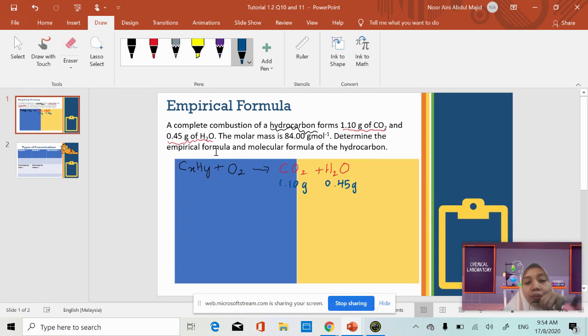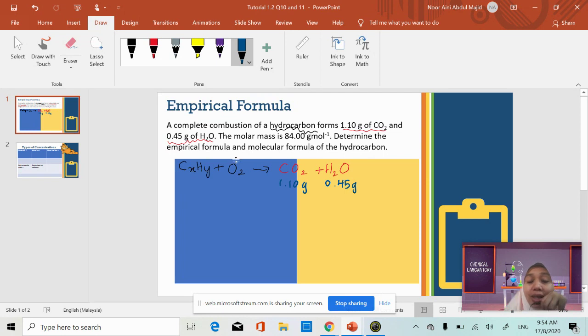Now, what can we see from the equation? Can we say that all of carbon in CO2 comes from the carbon in the hydrocarbon? Yes, right? Because in the other reactant, there's only oxygen. So definitely all of carbon here comes from the hydrocarbon.